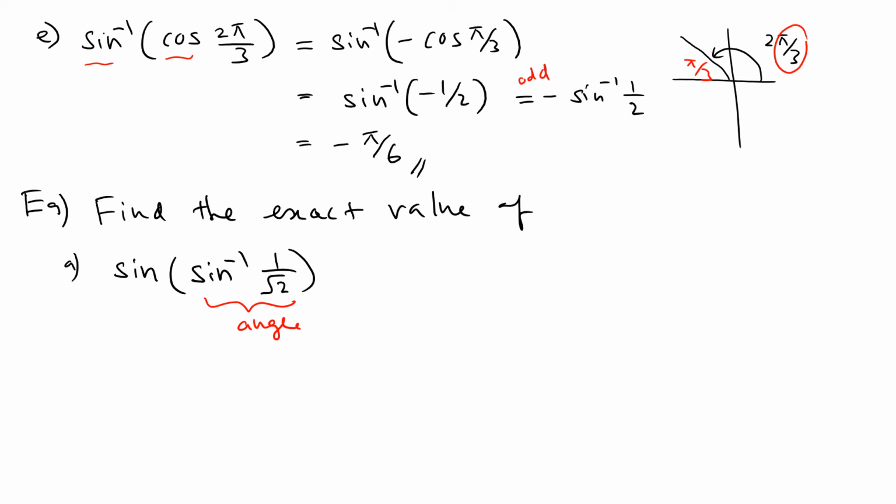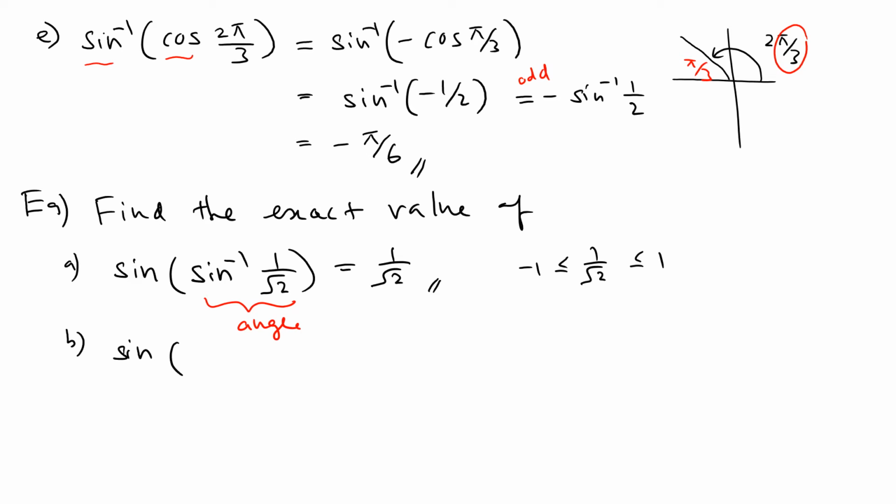But from the inverse function property, if this number is between 1 and -1, then this is simply equal to the number itself. So this is simply that, because it is inside -1 and 1. It's very simple.